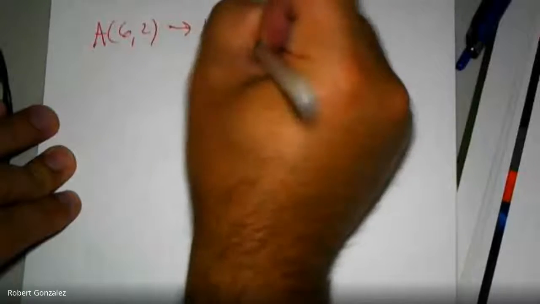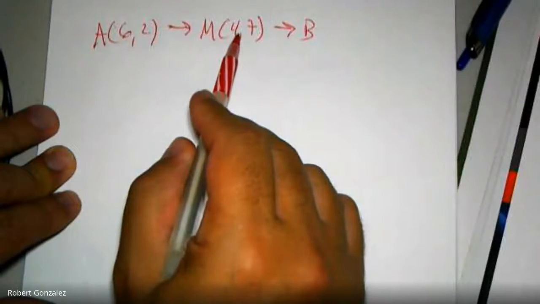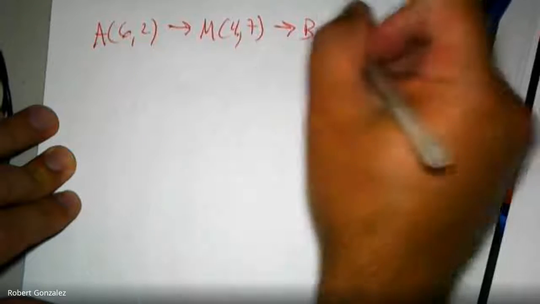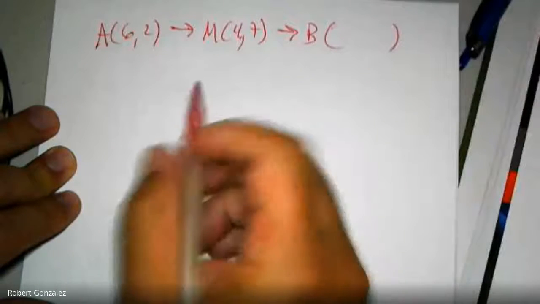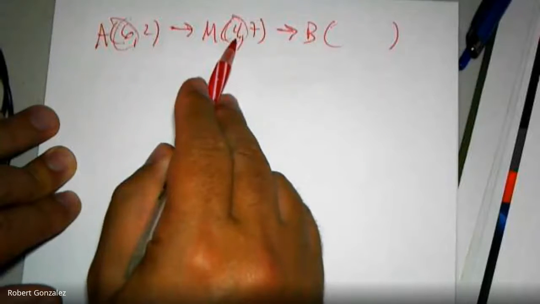Okay. So we went from A, which was (6, 2), to the midpoint, (4, 7). And I want to go to B. If that's the midpoint, however much I traveled from A to M, I have to also travel to B. Watch how easy it is. If I went from 6 to 4, I went down 2.